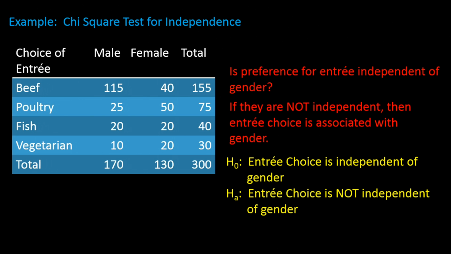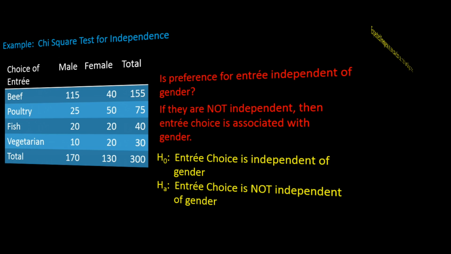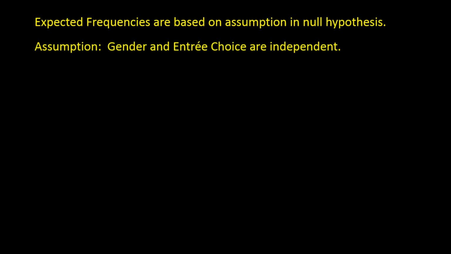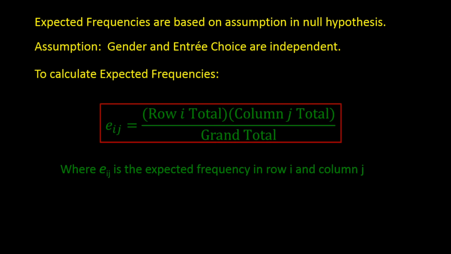This table is a table of observations from the sample. So these are our observed frequencies. We now need to get our expected frequencies. We will develop our expected frequencies based on the assumption in the null hypothesis that gender and entree choice are independent. To calculate the expected frequencies, we use this formula.